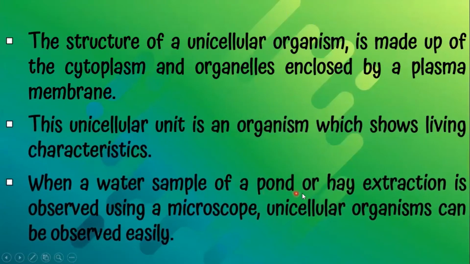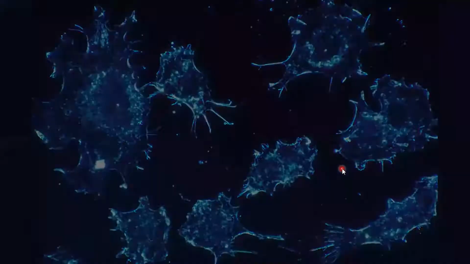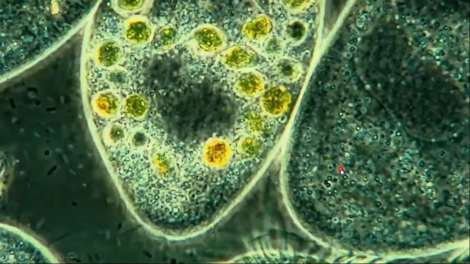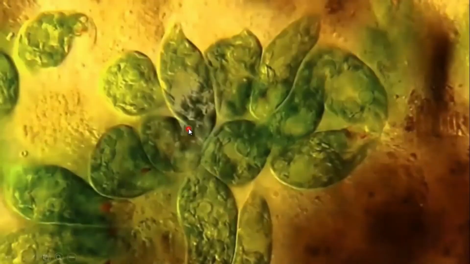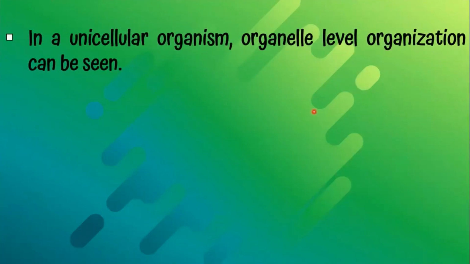When a water sample of a pond or hair extraction is observed using a microscope, you can see unicellular organisms and some microorganisms as well. In a unicellular organism, organelle level organization can be seen.